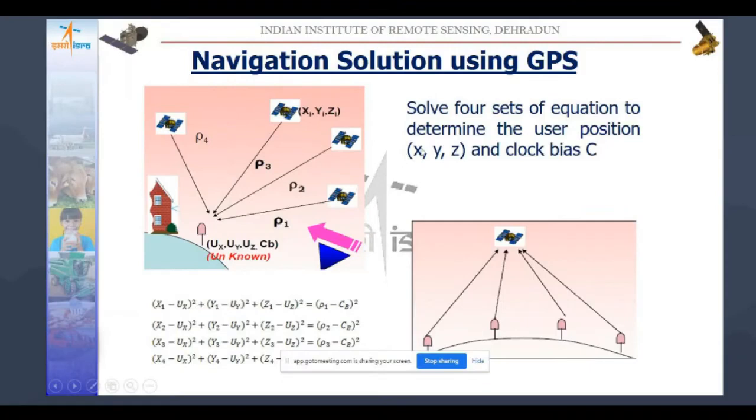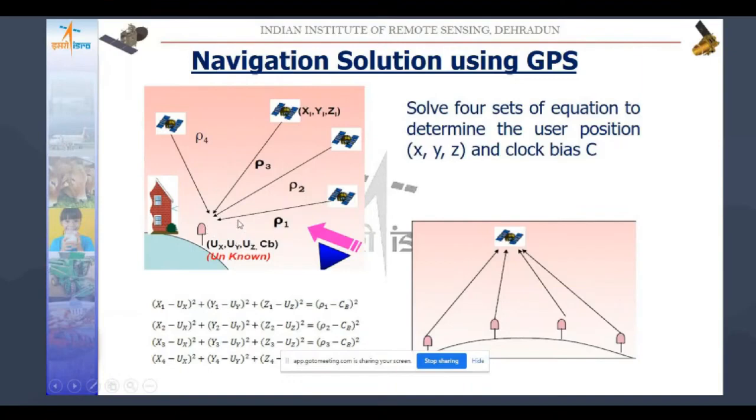So these sets of equations determine the user position X, Y, Z, and the clock bias C. One more thing we know: suppose X1, Y1, or what we can say UX, UY, UZ. UX, UY, UZ are the user's location, meaning the receiver you will be carrying in your hand, and CB is the clock bias.